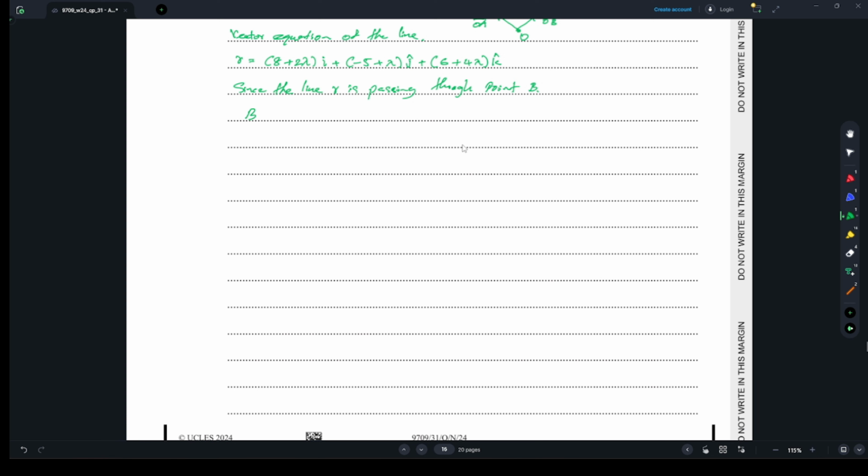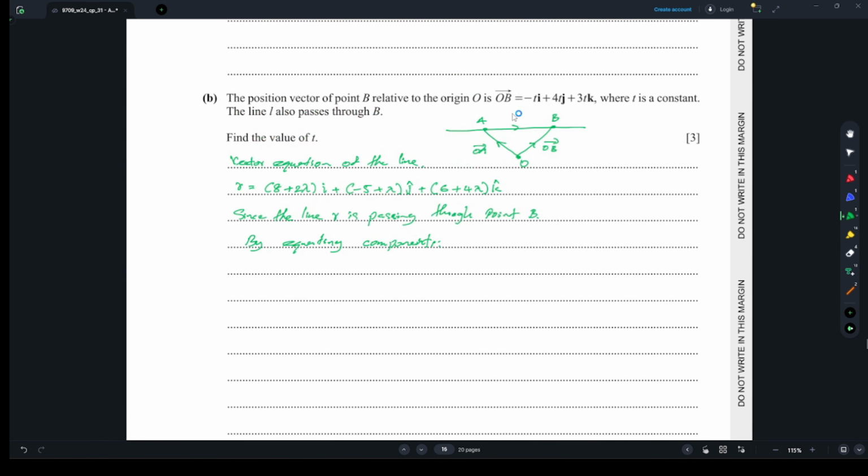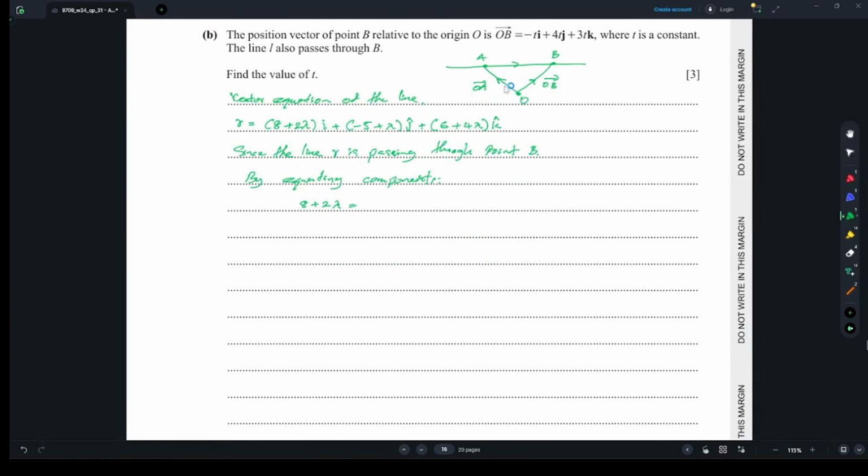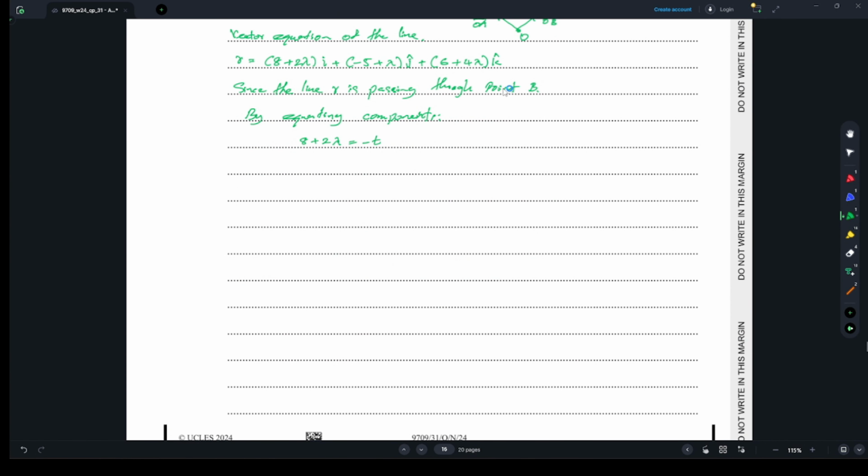So by equating components, the i component: 8 plus 2 lambda equals minus t.